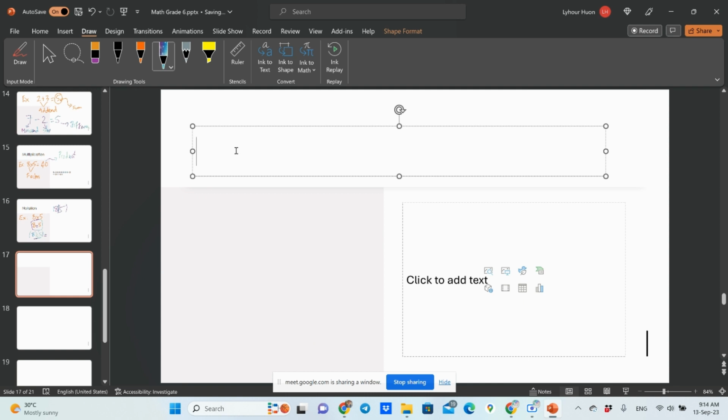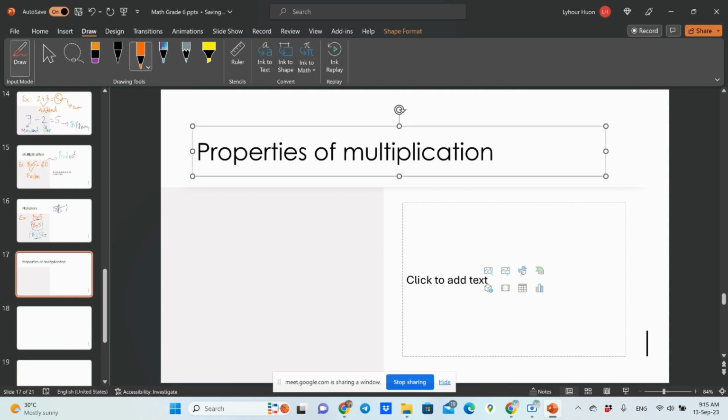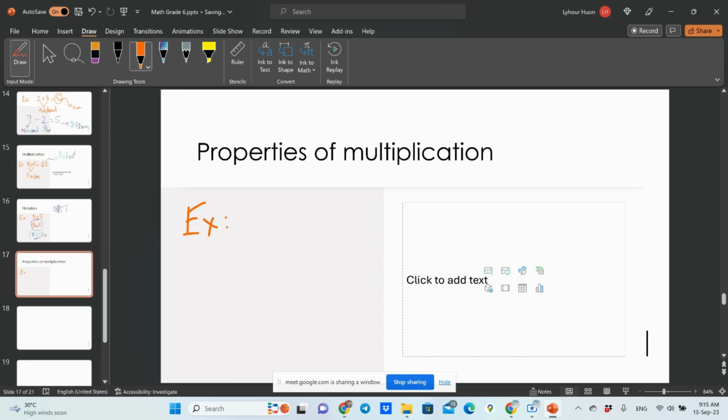Next, the properties of multiplication. First example, 8 times 0. What is 8 times 0? 8 times 0 is equal to 0.